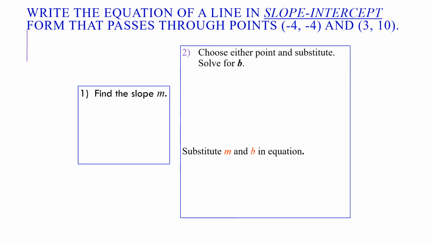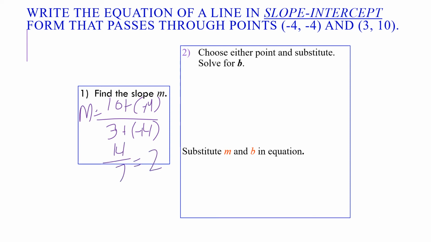For the other one, you're going to do the same thing. m equals 10 minus a -4 over 3 minus a -4. 10 minus a -4 changes to plus a positive. 3 plus a positive 4 is 7, so your slope is 2. And I'm going to choose this point here because, like I said, it's easier to do all positives instead of one negative, one positive, or all negatives.